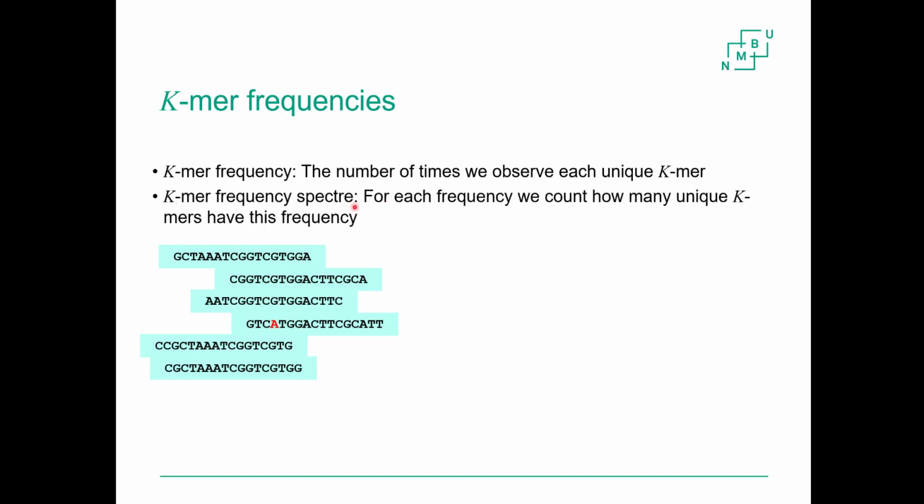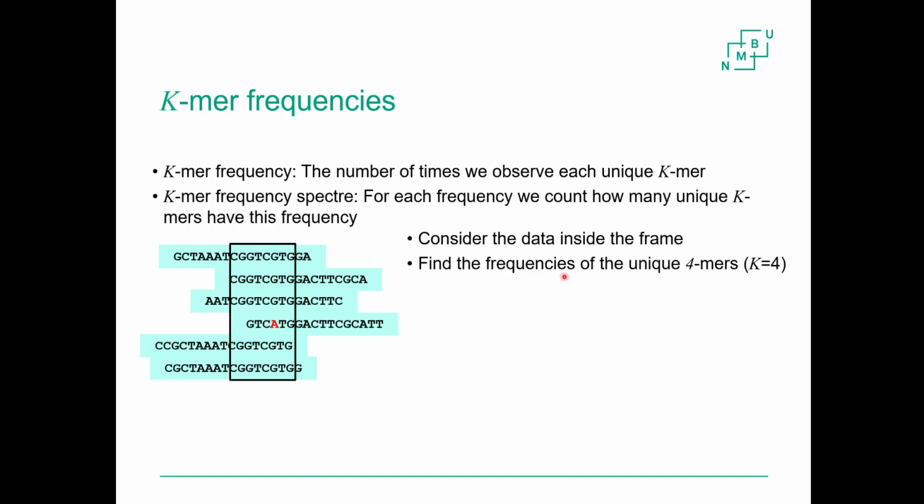And the k-mer frequency spectrum is, for each frequency, we count how many unique k-mers have this frequency. We will see that shortly. But let's focus on only a part of this here now, right? Where I put this frame. So inside this frame, count all the k-mers, right? And then it would look something like this.